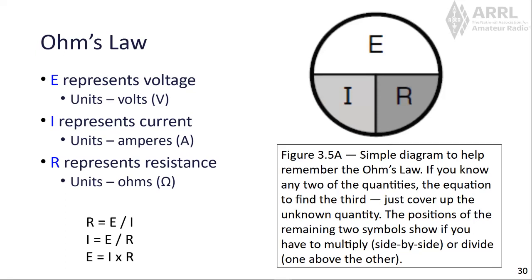In other words, if I wanted to find R, I would cover R. The formula would be E divided by I. If I wanted to find I, cover it up, and you have E divided by R. If you want to find the voltage, E, you cover it up, and the formula is I times R. Okay?